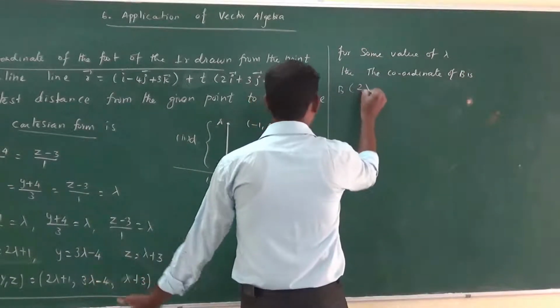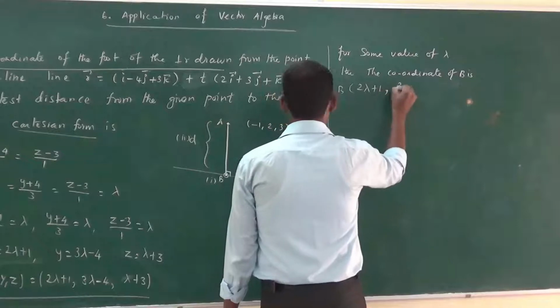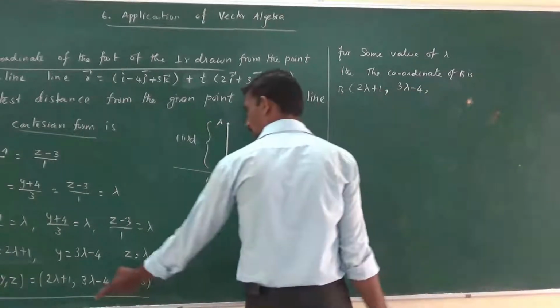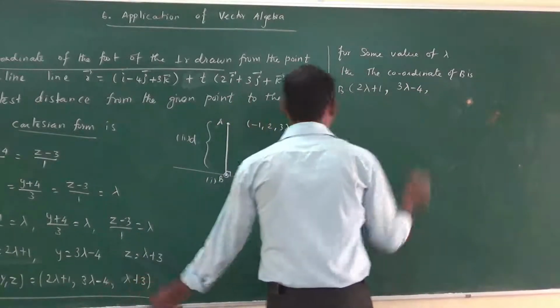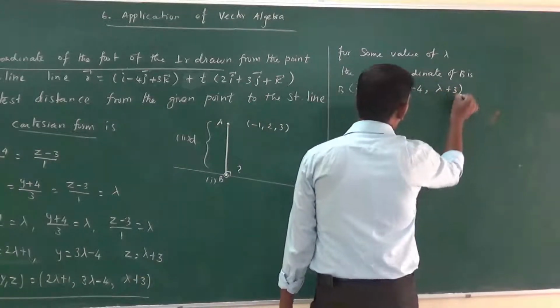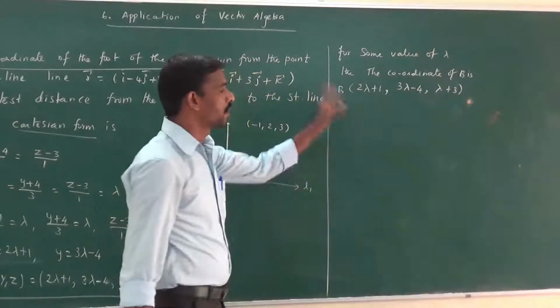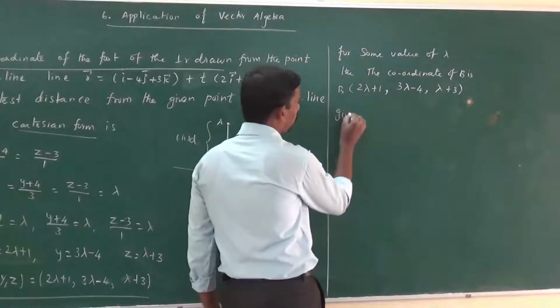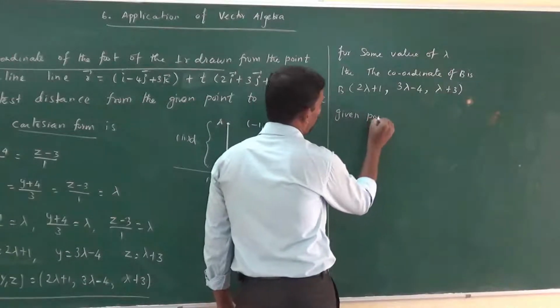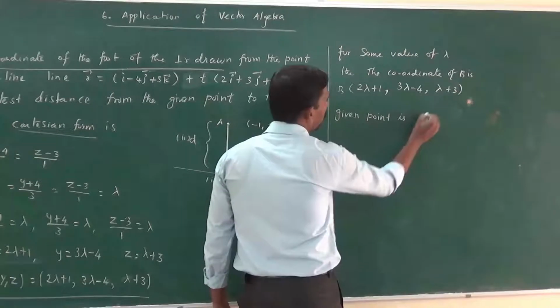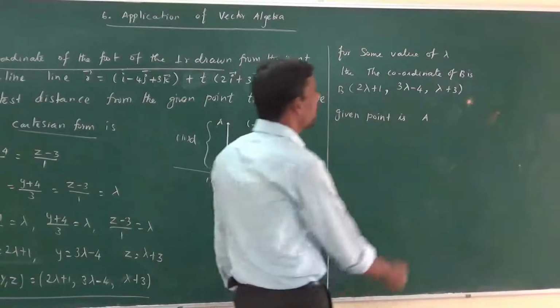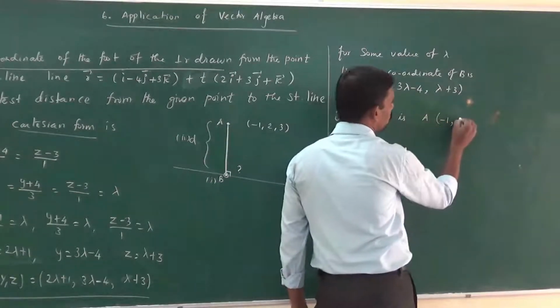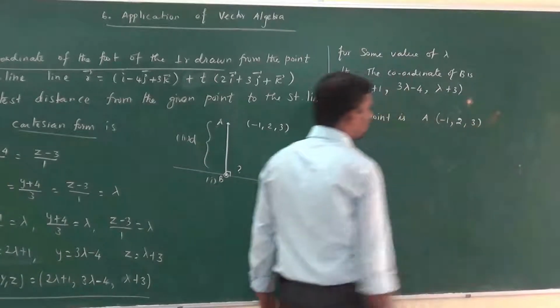B, the point, is nothing but 2 lambda plus 1, 3 lambda minus 4, and lambda plus 3. Okay? So the given point is A. What is A? Minus 1, 2, and 3.